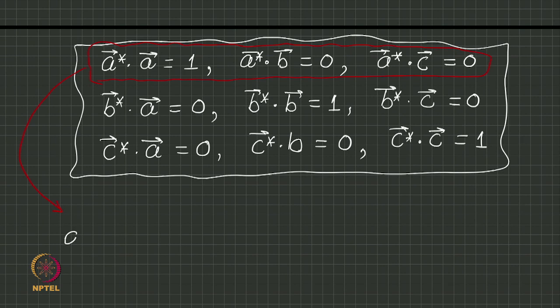Let us look at the second relation, A star dot B, because that is a simpler relation. A star dot B is 0, dot product is 0, always rings a bell. Oh, sorry, the two vectors have to be perpendicular. So, at least now I know something about A star, that A star is perpendicular to B. I do not know the full vector, and I do not even know its full direction, because perpendicular to a given vector is a whole plane.